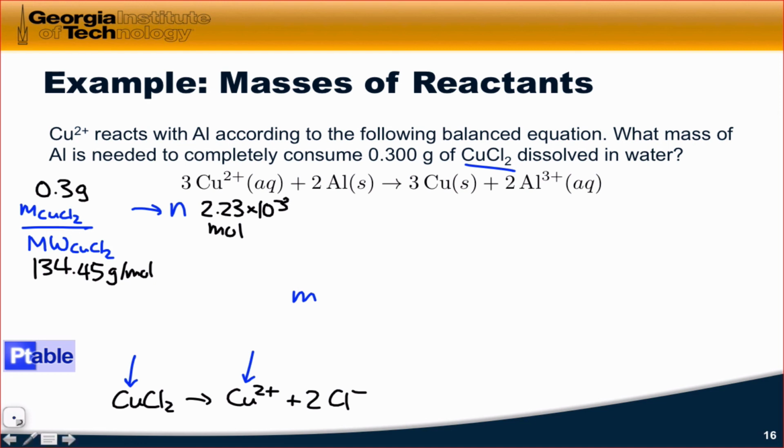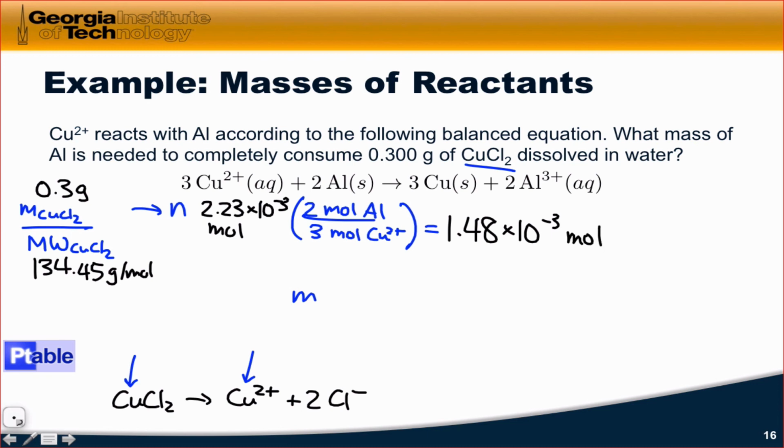So the molar ratio here is 2 to 3. So if we take this and multiply by 2 moles of aluminum for every 3 moles of copper 2 plus, we arrive at the moles of aluminum that we would need to completely consume this amount of copper 2 plus. And that comes out to 1.48 times 10 to the negative 3 moles of aluminum metal.